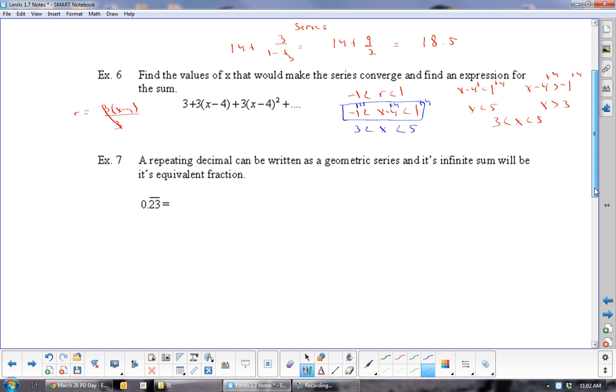And then the second part is, well, what would be the formula for the sum? Well, we know the formula is S equals a over 1 minus r. So you put that in. a is 3 over 1 minus (x minus 4). And you can simplify that just a little bit. That's 3 over negative x plus 5... 1 plus 4, so that's 5 minus x.